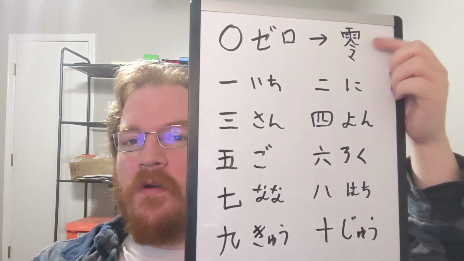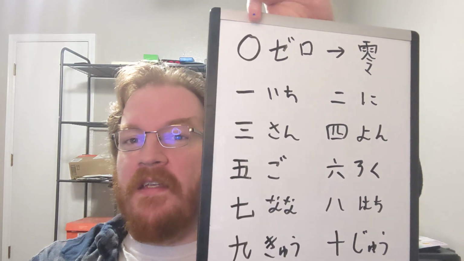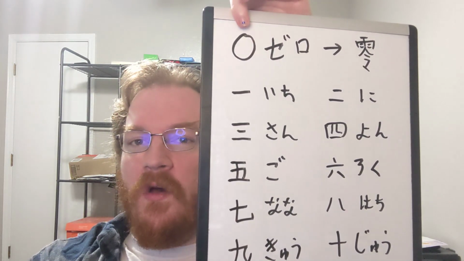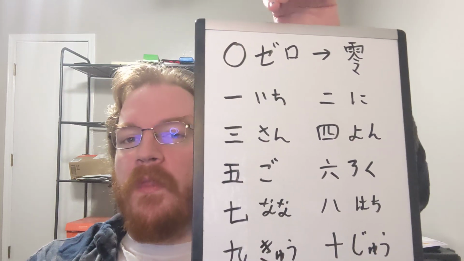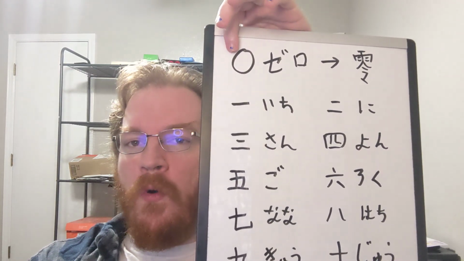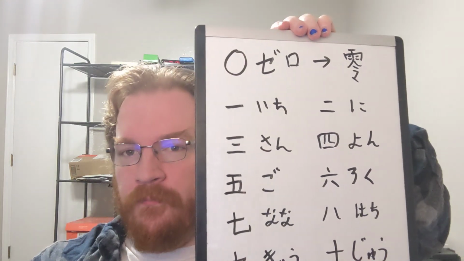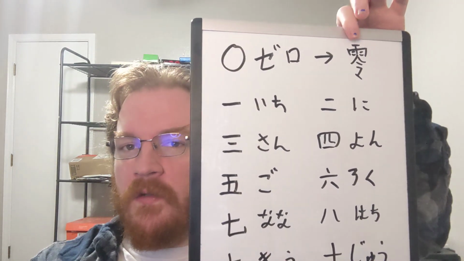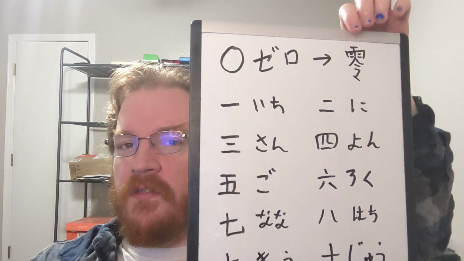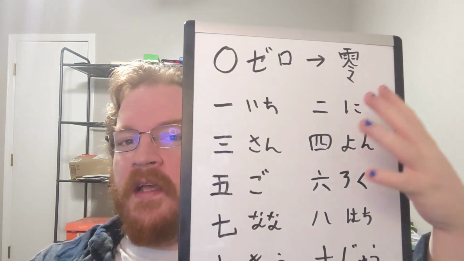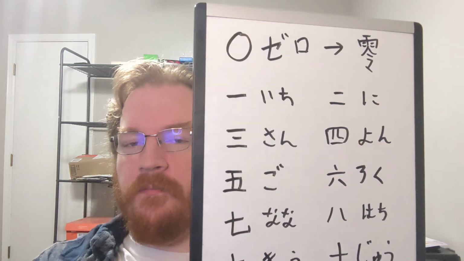However, for the 0, they usually just say zero, which is the loan word version, of course. And they'll usually use the numeral rather than the kanji if it's used in writing. There are rare cases in which you will see this kanji used as well, but it's not used quite as often as the kanji for the rest of the numbers.